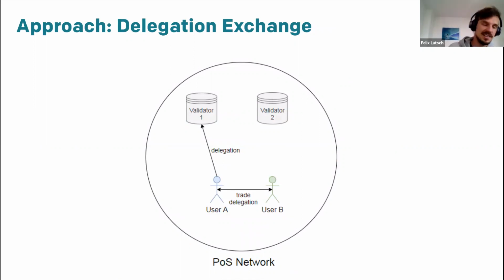The first thing we look at is the delegation exchange that Jung from bHarvest championed or came up with during the Berlin hackathon last September, I think, or June, one of the two. That is a very basic thing that doesn't actually tokenize the stake.